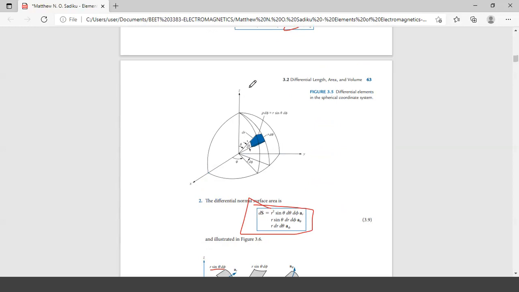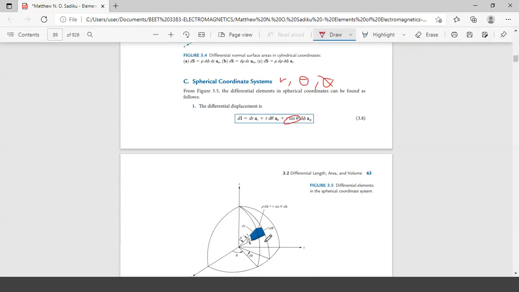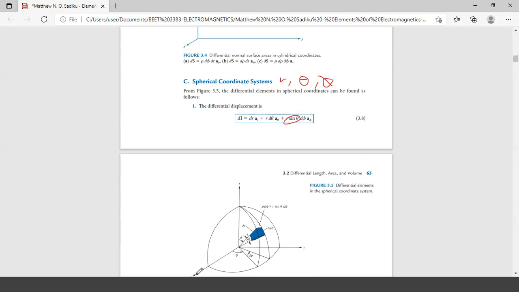So it looks like this. We see that r depends on d theta, so r d theta is in the direction of theta. The radius is dr, and along phi it is r sine theta d phi. Yes, r sine theta d phi for this length.